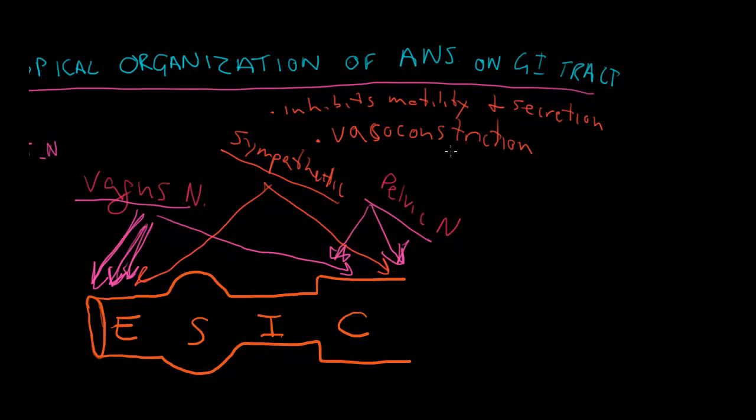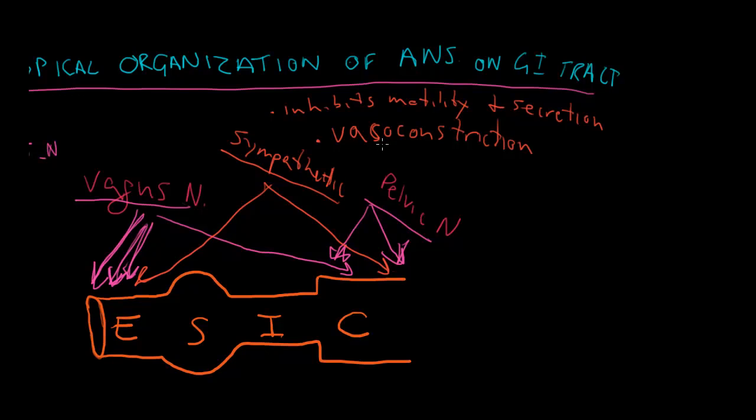So let's think about why that's so. The sympathetic is fight or flight. You're in an emergency situation. You don't want to be digesting your food, and you want to mobilize your body for an emergency. So you want to stop motility. You want to stop digestion and moving food through your system. You want to stop secretion. Again, you're not digesting. You don't want to use your body's resources for the digestive processes.